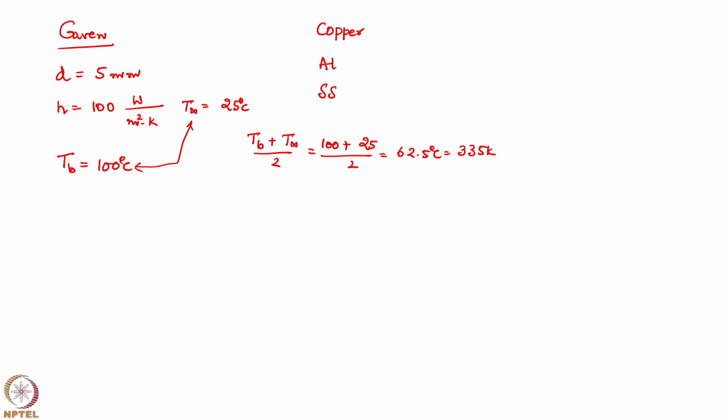At this temperature, copper has a thermal conductivity of 398 watt per meter Kelvin, aluminum is almost half of it, 180 watt per meter Kelvin, and stainless steel is very low, 10 times lower, 14 watt per meter Kelvin.